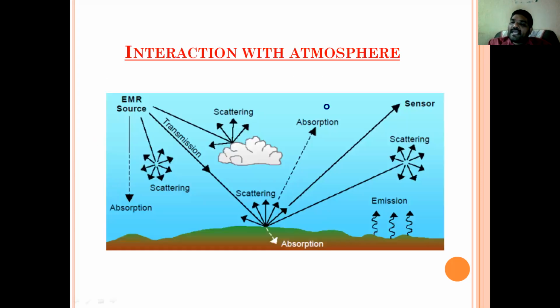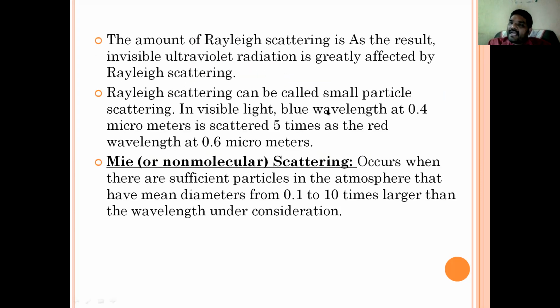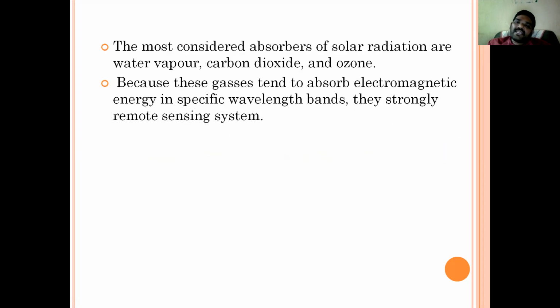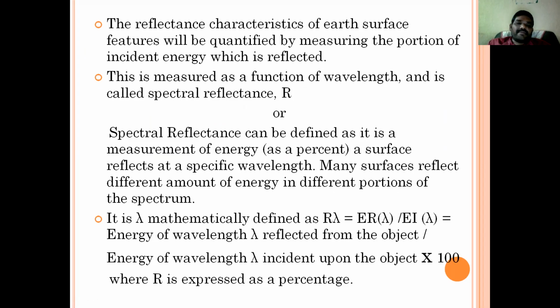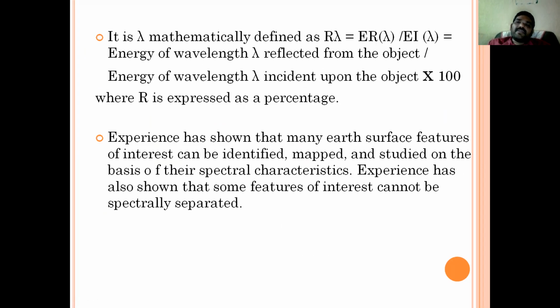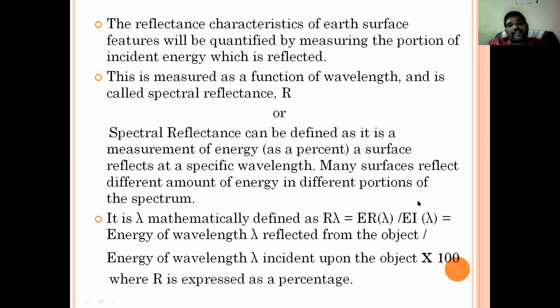We can get the spectral reflectance by applying the formula, known as the empirical formula, defined as rho lambda equals energy of wavelength reflected from the object divided by energy of wavelength incident upon the object, into 100, where rho is expressed as a percentage.